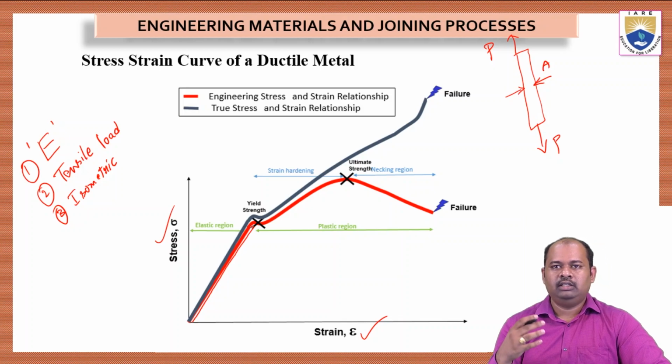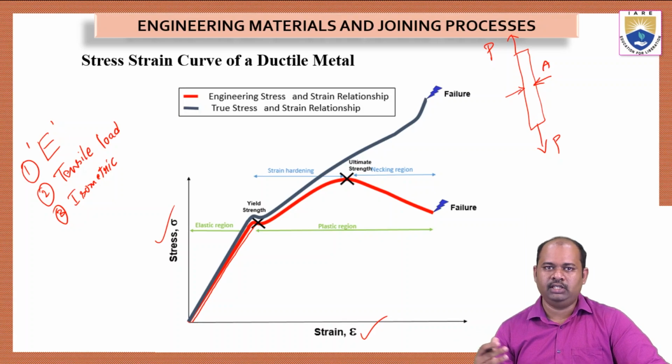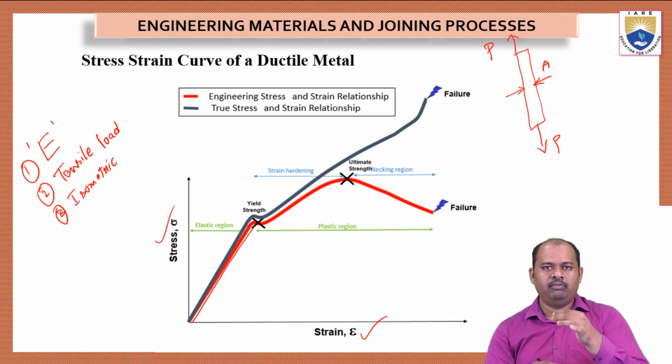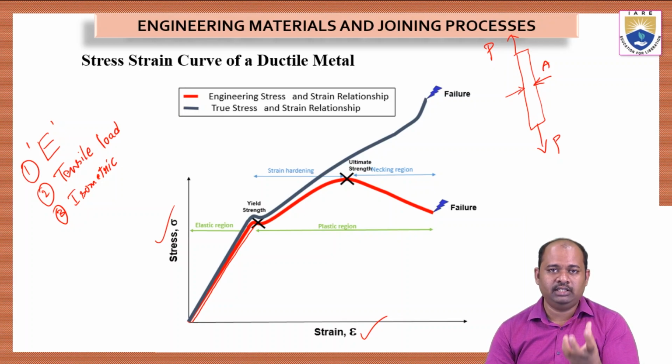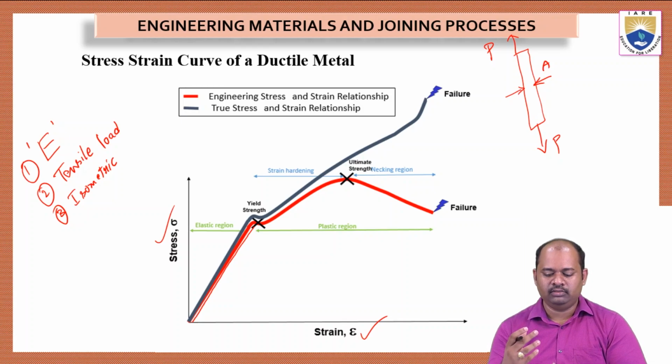That means whenever the stress increases, strain also increases. Whenever I am applying the load, it is shown as stress inside the body. Due to this stress, there will be an elongation seen in the body. That means the body will try to elongate. Whenever there is elongation, we can see some value of strain.